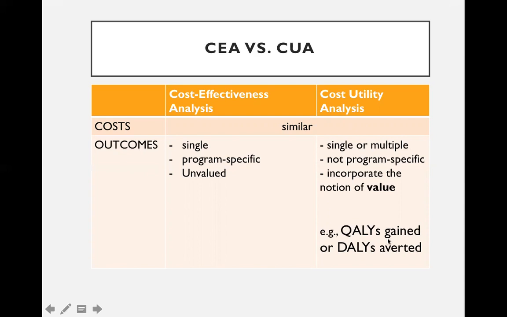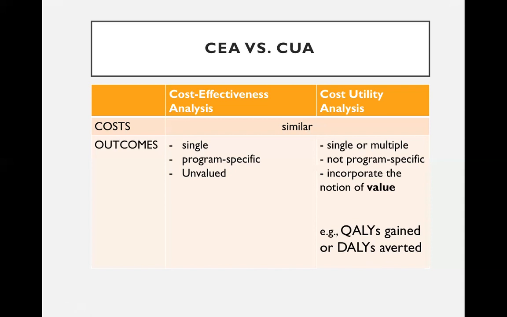Because we are placing value on the number of years added to the person's lifetime, you often find articles that state that a certain health intervention resulted in so and so QALYs gained. It can also be reported as DALYs averted. DALYs refers to disability adjusted life years. So you don't want to live your life in a poor state of health, in a health that is disabled.